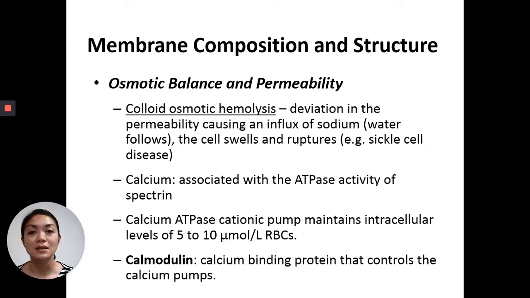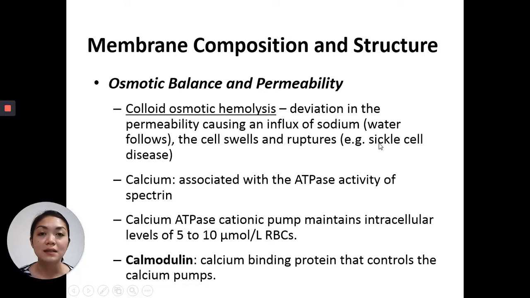The spectrin, which is the cytoskeleton of the red blood cell, also requires calcium. The pump is called the calcium ATPase cationic pump. It maintains the intracellular levels of calcium at 5 to 10 micromoles per liter of red blood cells. The important binding protein that controls the pump is called calmodulin. True to its name, it modulates calcium levels inside the red blood cells.